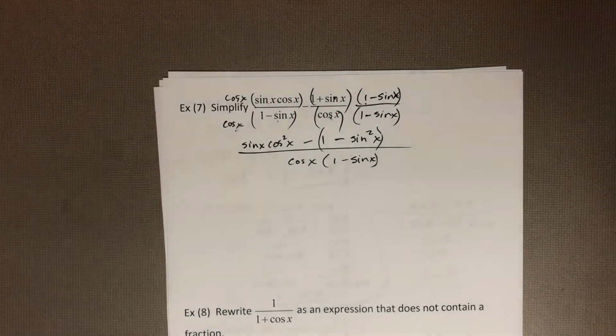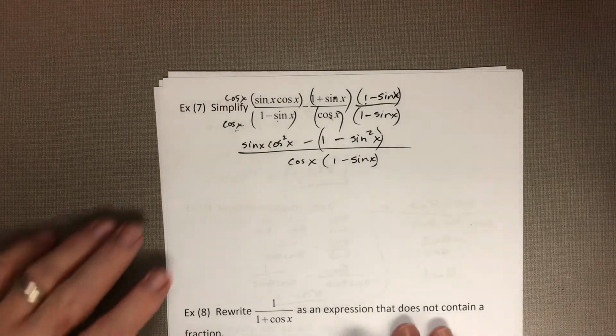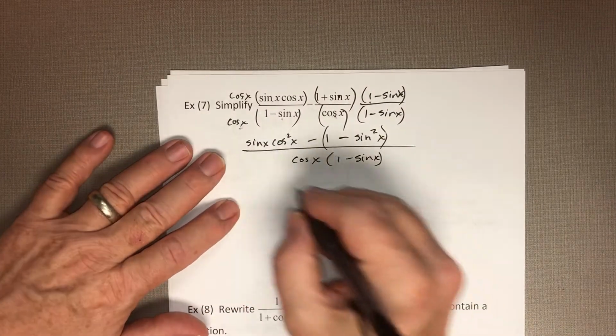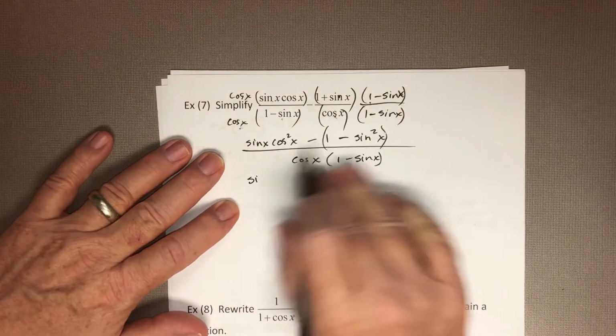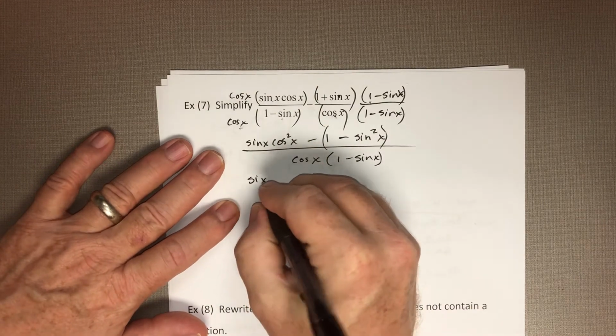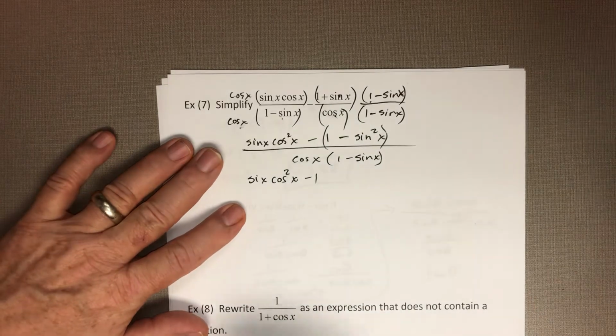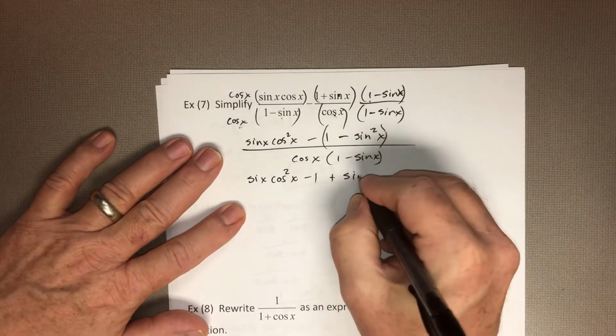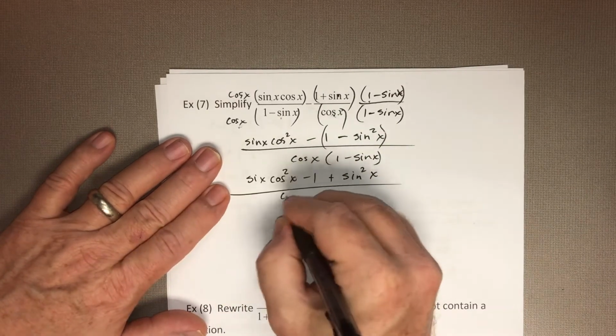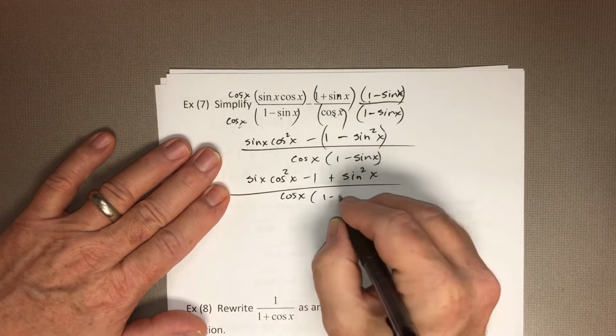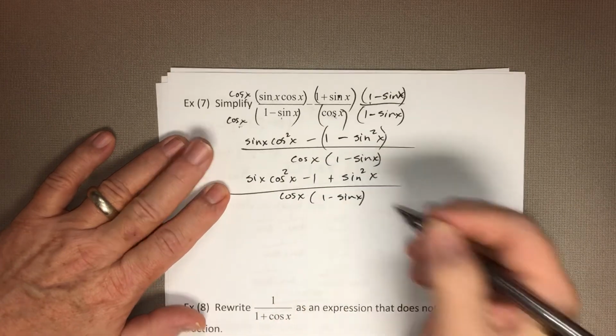Now, for my numerator, I'm going to distribute that negative: the sine of x times the cosine squared of x minus 1 plus the sine squared of x, all divided by the cosine of x times 1 minus the sine of x.